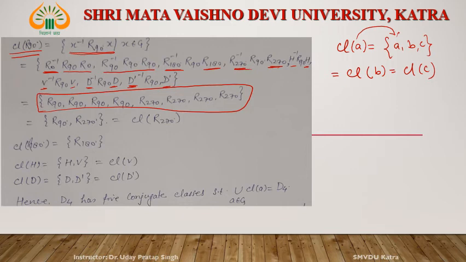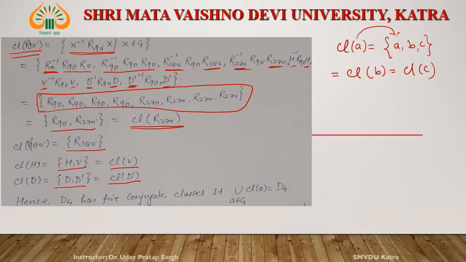Then CL of R90 is R90, R270, and CL R270 is the same as CL R90. Then CL R180 is R180. CL H is H, V, which is also equal to CL V. And CL D is D, D dash, which is also equal to CL D dash.